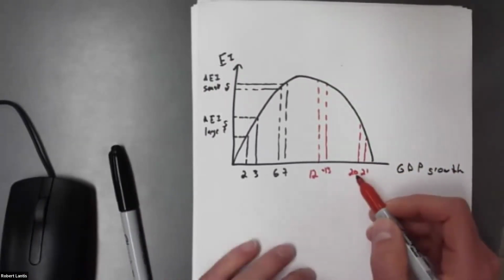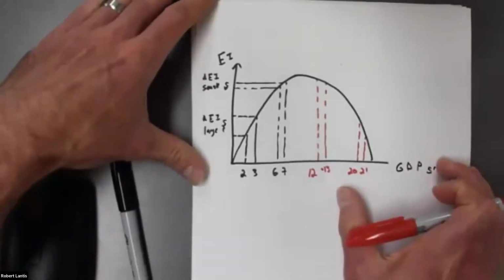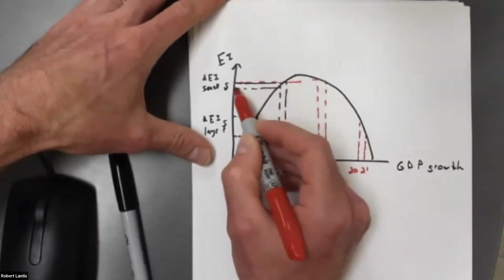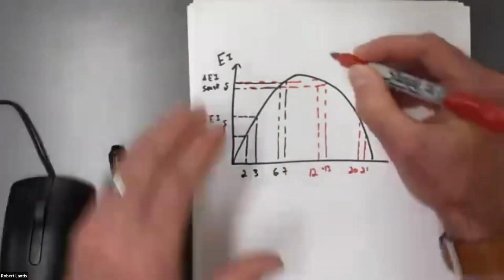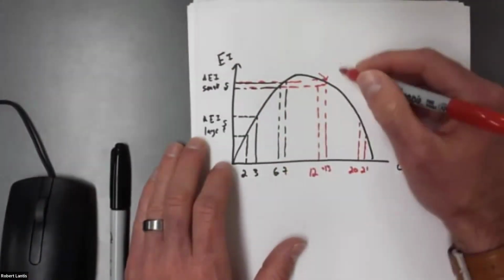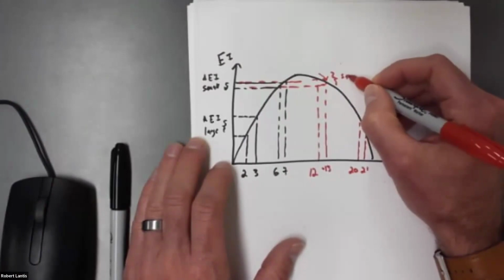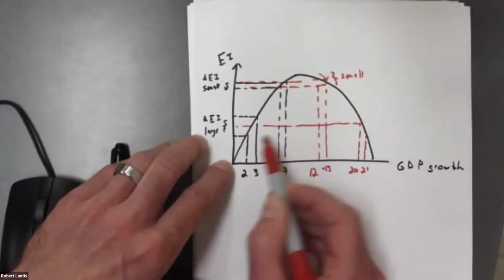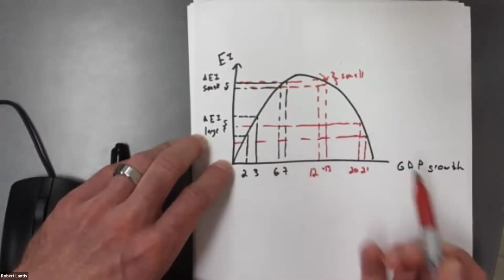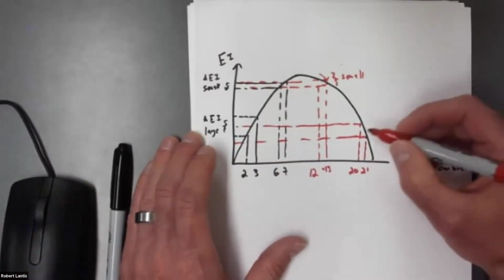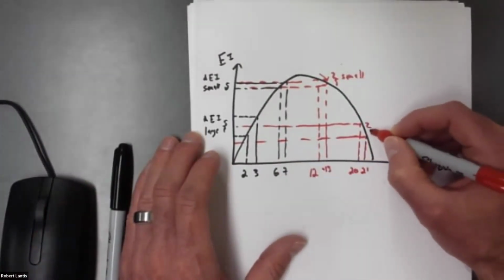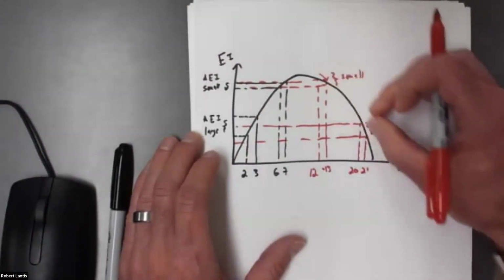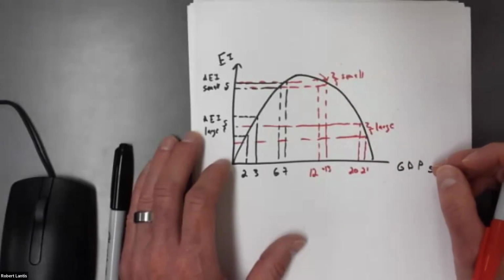Now that same 1% increase in GDP growth at higher levels of GDP growth, notice now it starts to decrease my economic inequality, but that change is relatively small. And then if I'm looking down here at relatively higher levels of GDP growth, that same 1% increase causes a relatively large change compared to before. Okay.